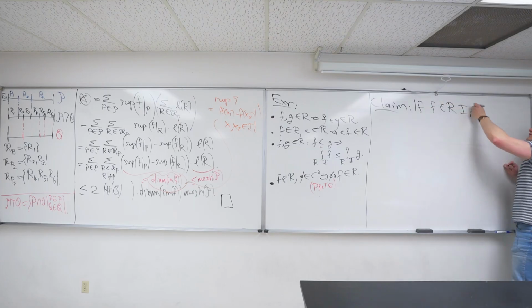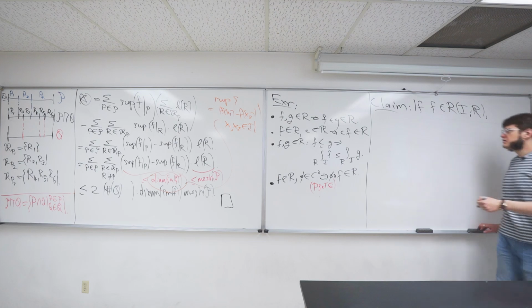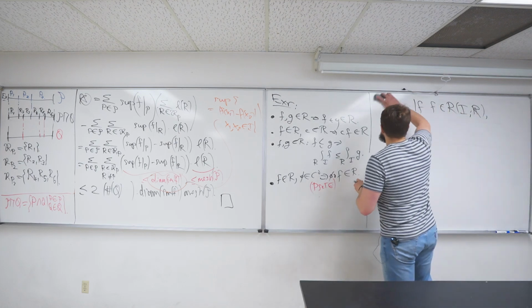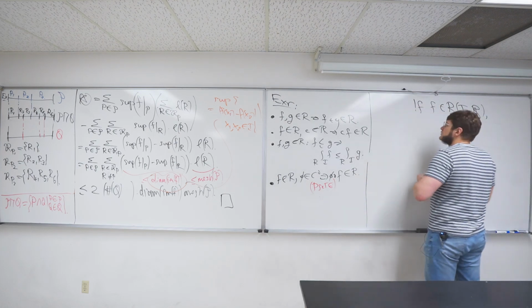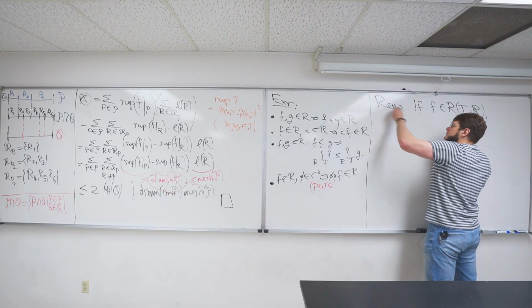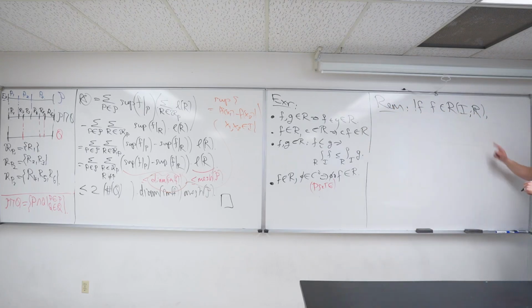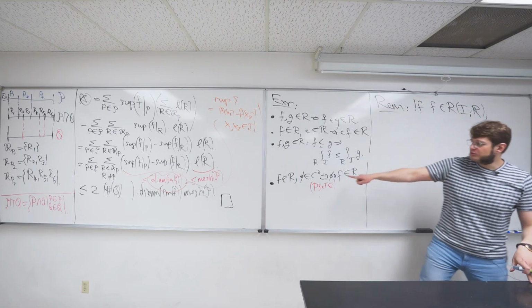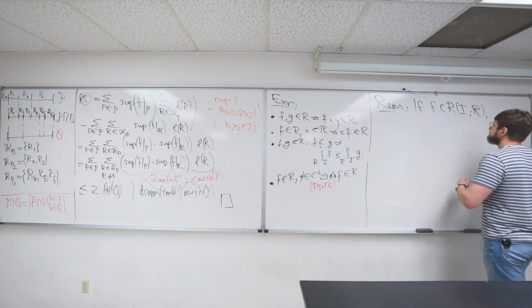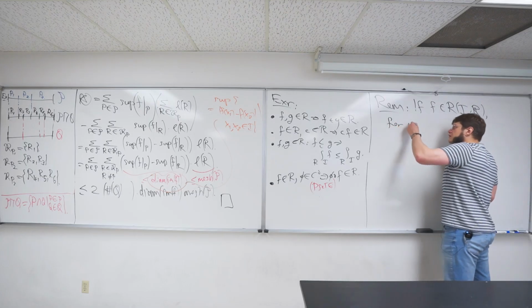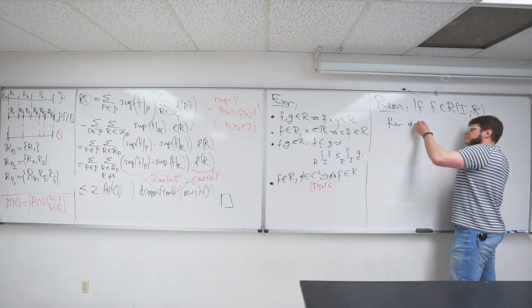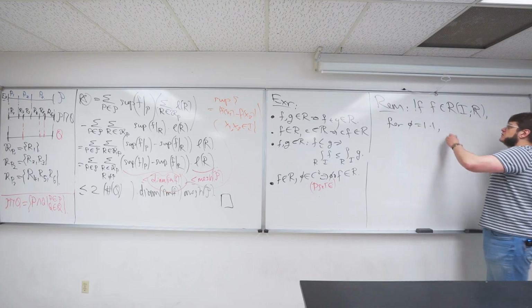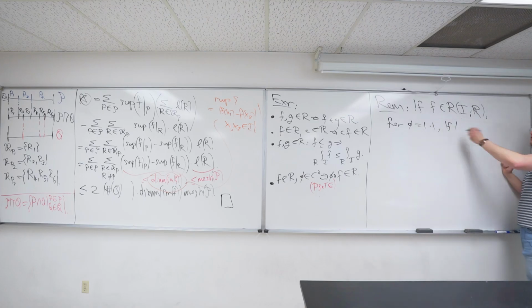I'm just going to say remark, because I'm not going to write a separate proof. Remark: if f is Riemann integrable, by choosing phi to be the absolute value function, the absolute value of f is also Riemann integrable.